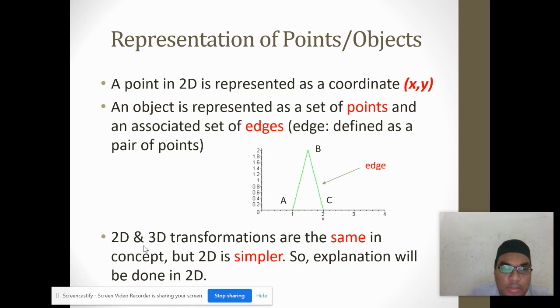Basically 2D and 3D transformations are the same in concept, but 2D is simpler. So the explanation for today's lecture will mostly be done in 2D. 3D is just the addition of one more axis, the z axis.